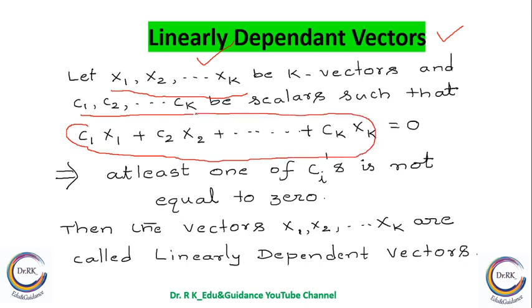Here if this linear combination equals 0, and c1, c2, so on ck are unknown constants, if at least one of these constants is not equal to 0, then we say that they are linearly dependent. So that means one vector is dependent on the others.